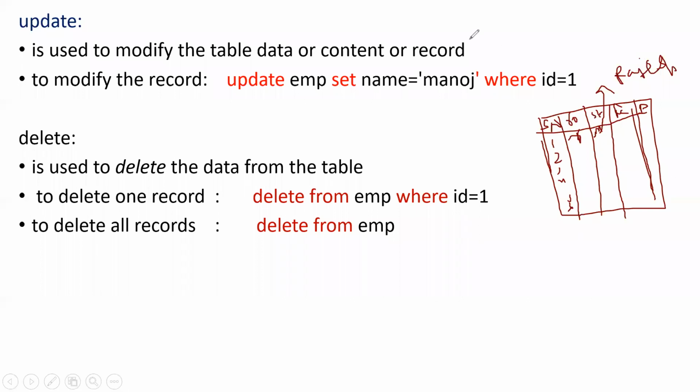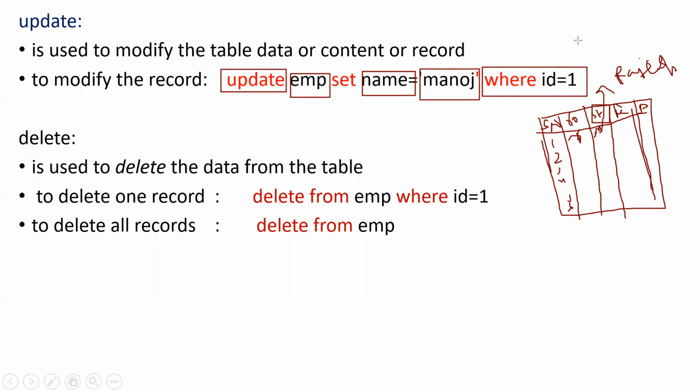Simply, we inform the table, update the table where ID equal to 1, roll number 1 equal to, for example, here 1 equal to 1, set the student name as Manoj. In this case, I use Manoj. What is the table name? EMP.